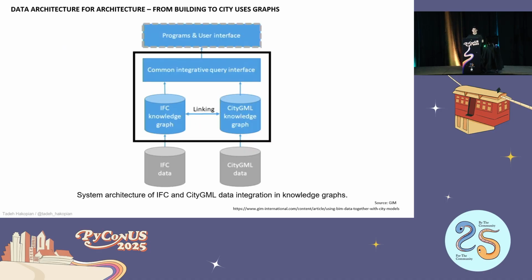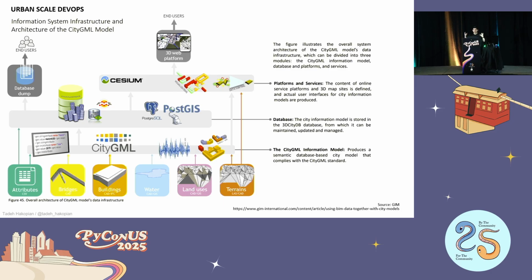Then you can take the CityGML knowledge graph and the IFC knowledge graph and put them together, in this example, as a graph linking and comparing the two data sets, because sometimes they're disparate. IFC is more from a specific project site, whereas CityGML is more from a GIS urban collection, and you can start linking these two sets and create architecture around it for what I call urban scale DevOps.